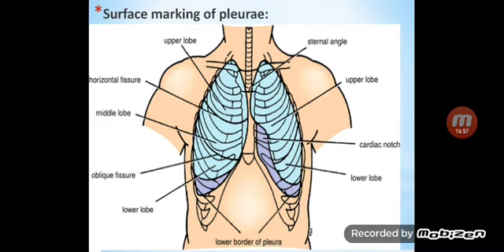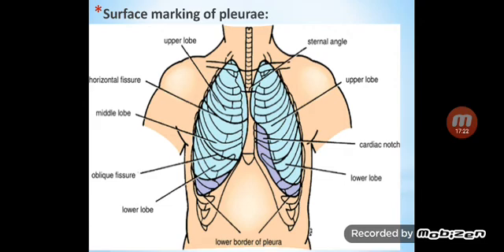So it projects at the root of the neck. The root of the neck, you remember, is lined by the suprapleural membrane, right? The root of the neck is lined by the suprapleural membrane. فالcervical part of the pleura يغطيها من فوق الsuprapleural membrane.